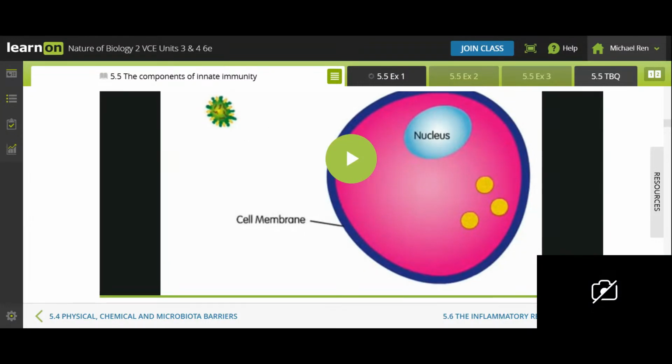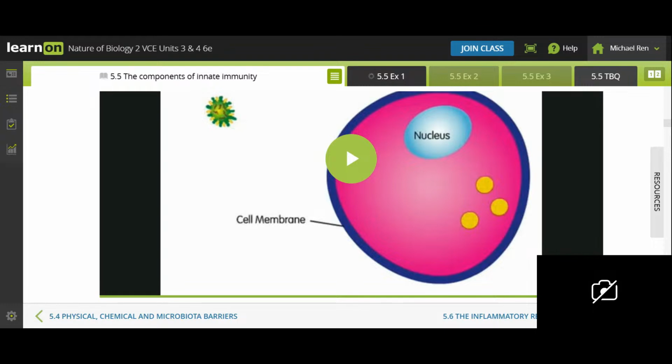Phagocytosis. Oh, well, I'm going to try to do this myself. So, the pathogen is identified through the lack of an MHC-I marker, so it is declared non-self. Number 2, the phagocyte engulfs the pathogen. Step 3, the pathogen is mixed with lysosomes, which digest the pathogen.